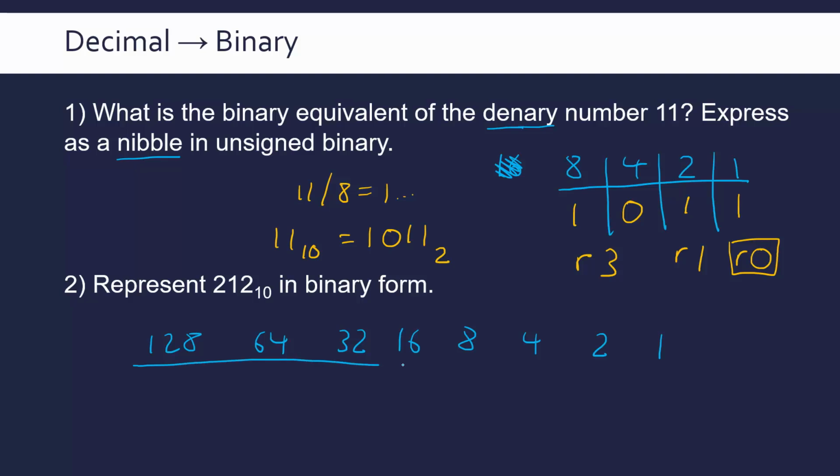At GCSE at least, you won't go bigger than 8 bits. Right, next step is to start at your MSB and ask yourself how many times does that column heading fit into your target number. So how many times does 128 fit into 212? Well, it goes in 1 whole time.